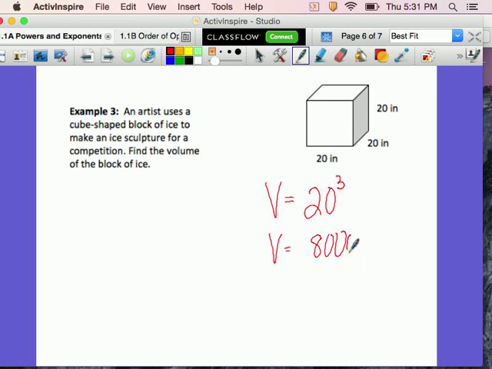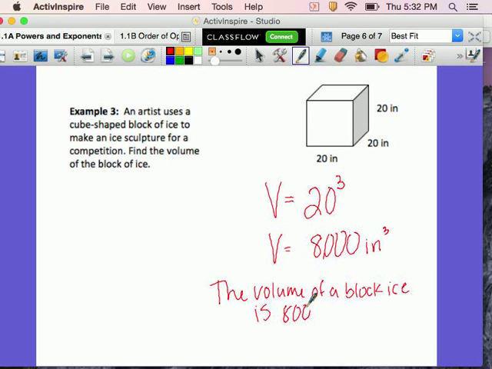And since this is a word problem, make sure you write a sentence and a label. So this is inches cubed. So the sentence would be, the volume of the block of ice is 8,000 inches cubed. And you can use the abbreviations for inches cubed.